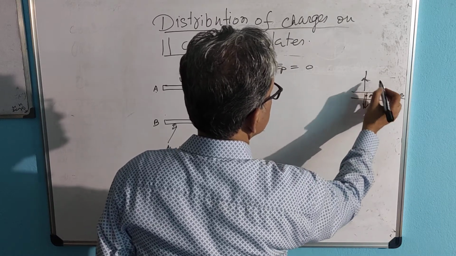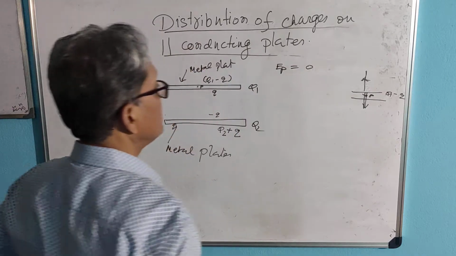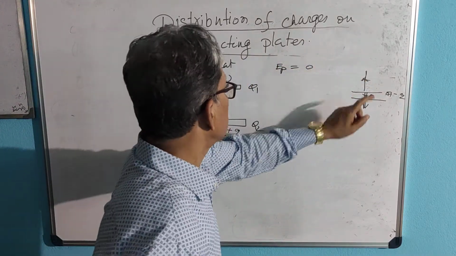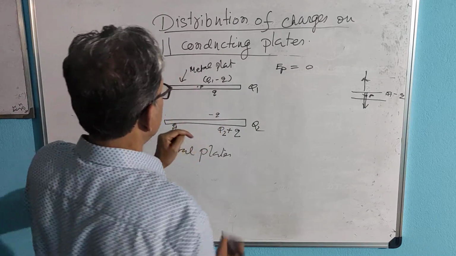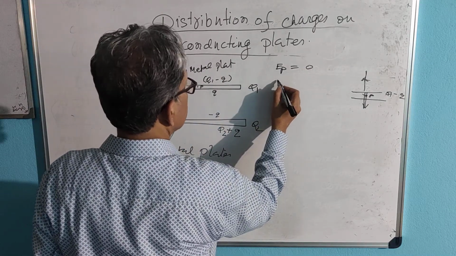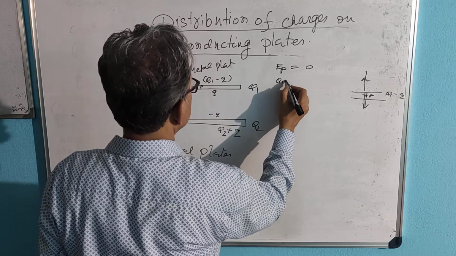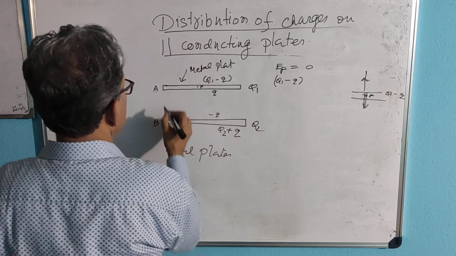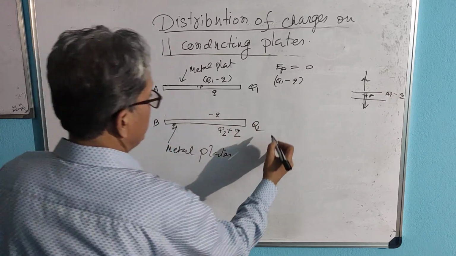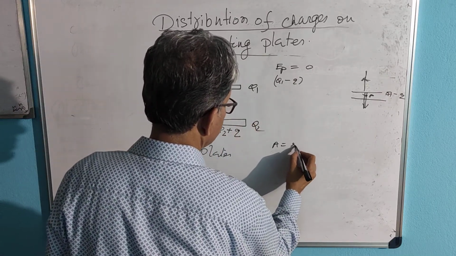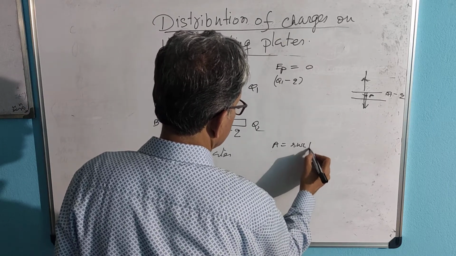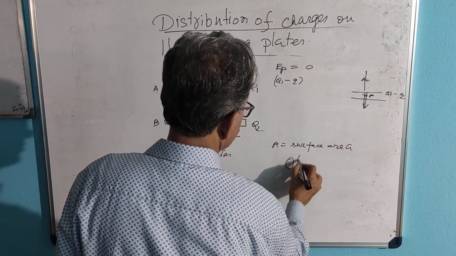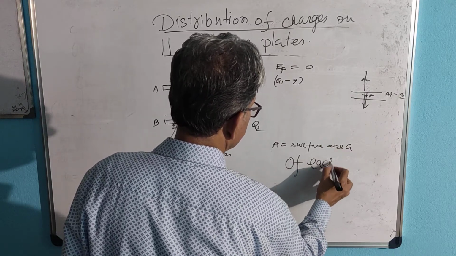There will be field on the upper side and field on the lower side. But the upper side is not in my business. I shall take only the lower side. That means, what is the surface density of the charge? Q1 minus Q divided by A, let A equal the surface area of each face.